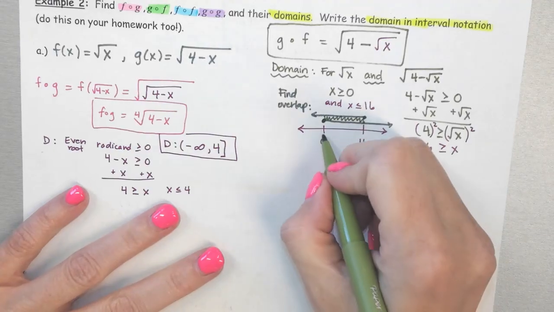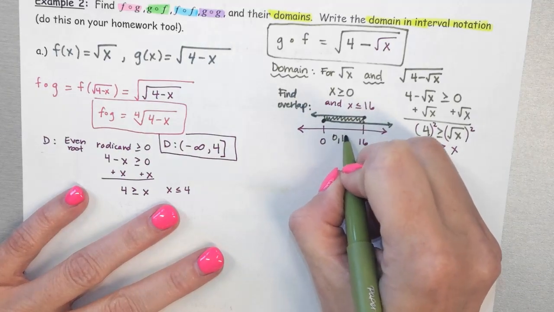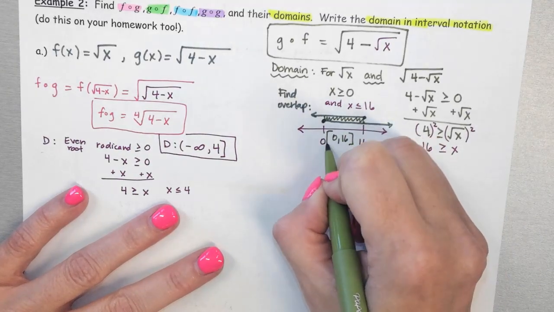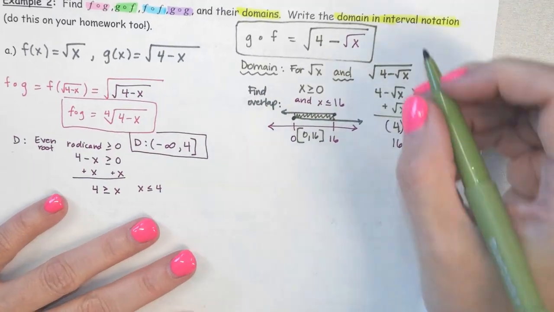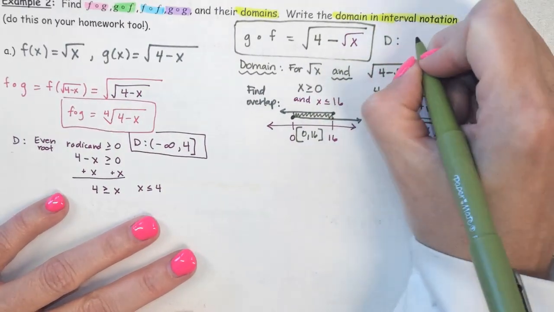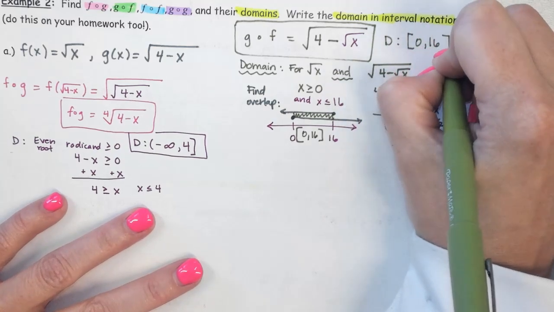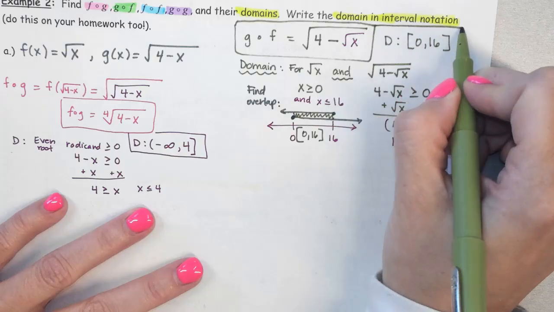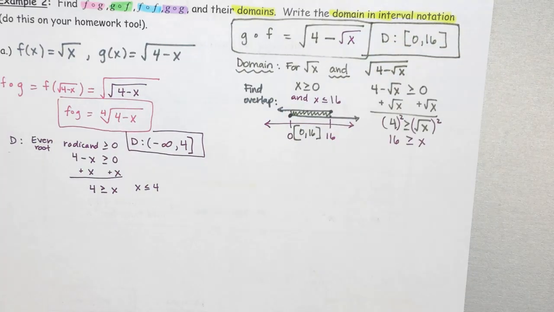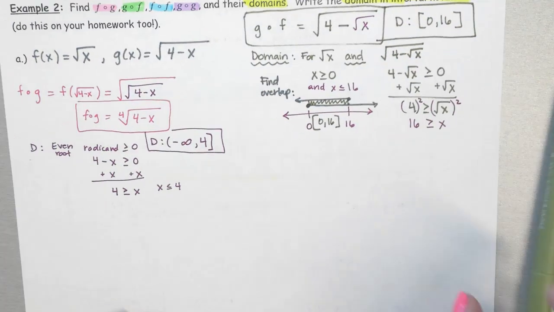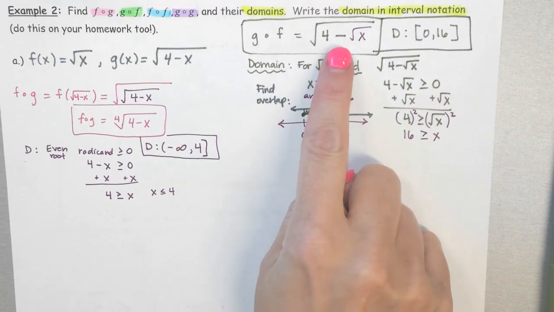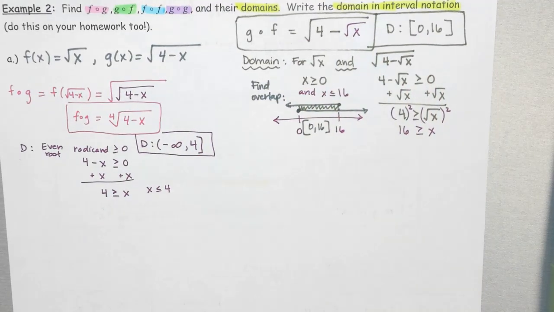And you can see you have the closed circles. So this is going to be your domain. Remember, the domain means these are the values that you can plug in to get a real answer. If you plugged in any numbers in between, you would have a real number.